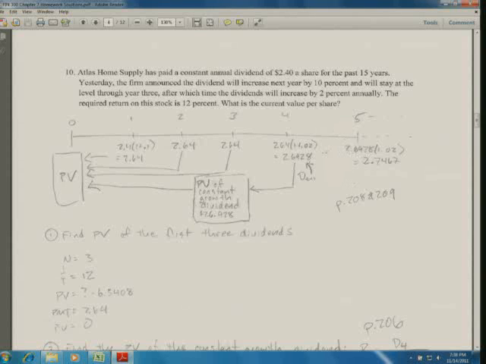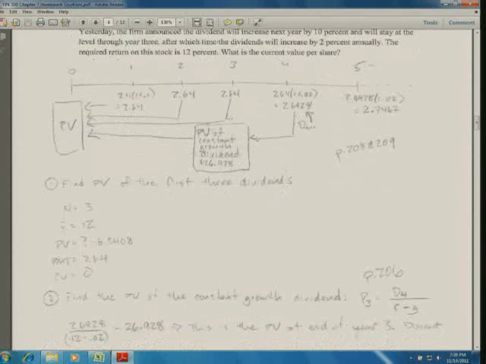At the end of year 5, we take this year 4 dividend and again grow it by 2%, so 2.6928 times 1.02 is 2.7467, and that's going to continue to grow, dot, dot, dot, going up 2% each year into infinity as far as we're concerned. But we have a formula that we can apply right here and find the present value of this, given that the growth rate is constant.